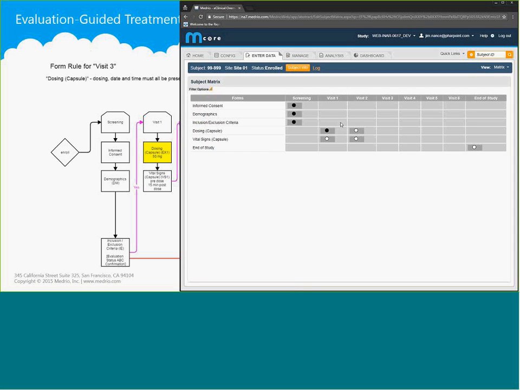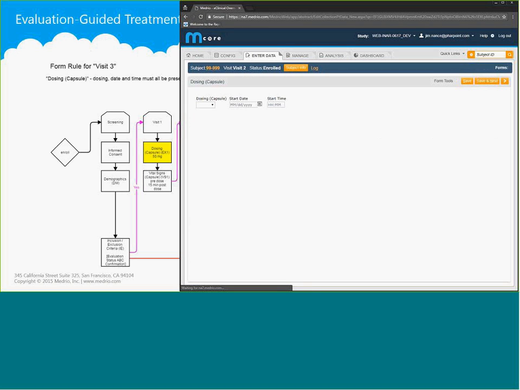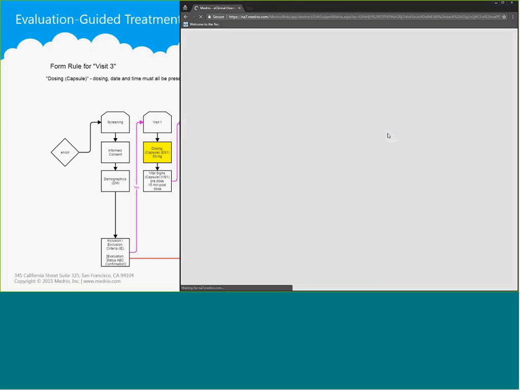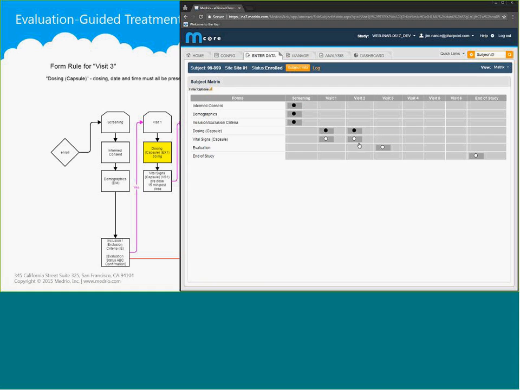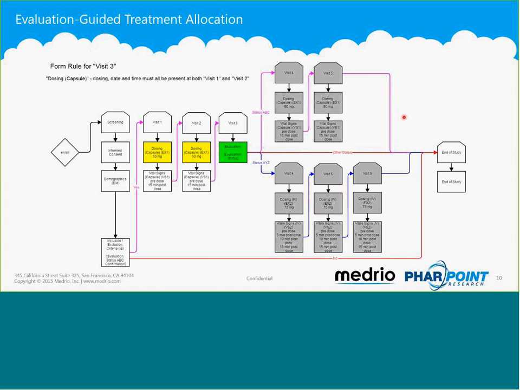Visit 1 dosing, visit 2. And we've now triggered, as qualifying, that we can now get our evaluation visit.